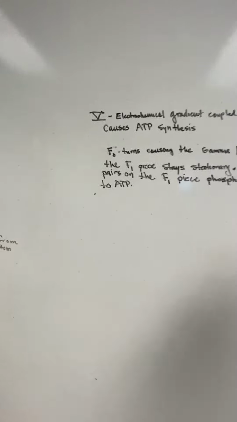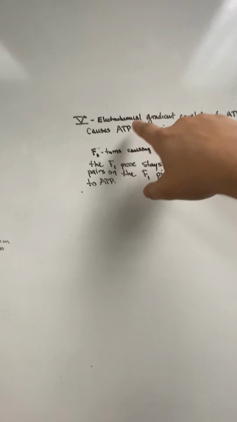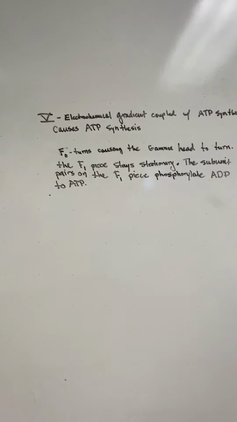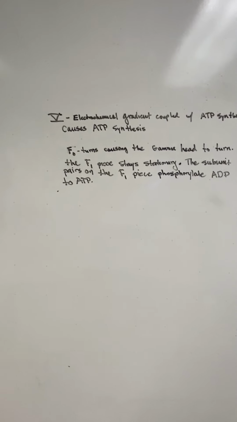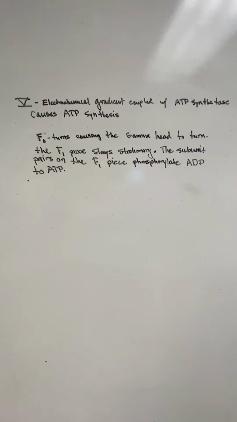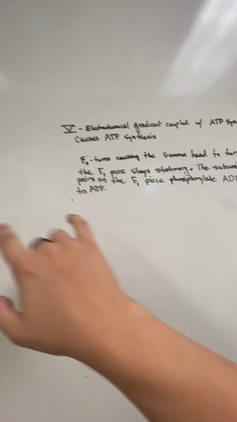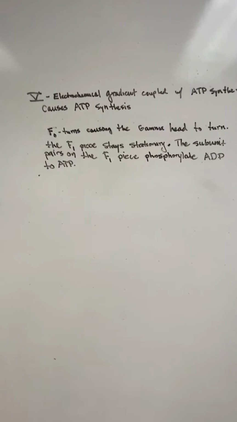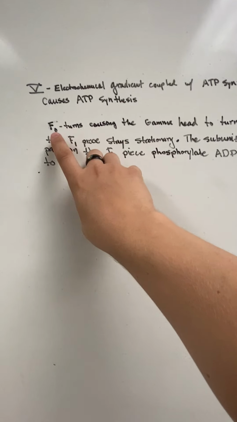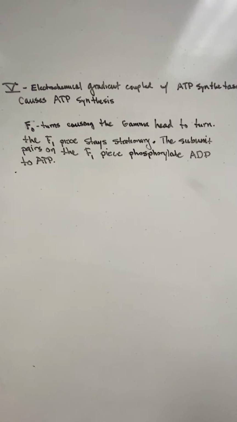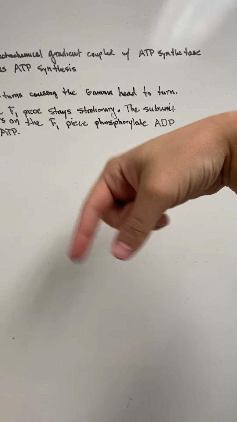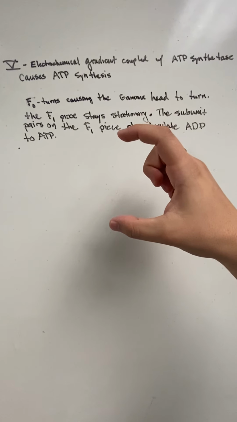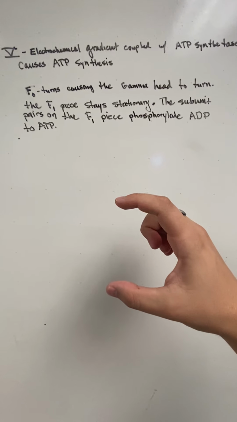Okay, so we'll wrap this up real quick. Due to the electrochemical gradient coupled with ATP synthase, it causes the synthesis of ATP. There's an image that you should probably look up in the notes. So this F0, whatever you want to call it, turns the gamma head. We have this F0, and we have a gamma piece below.